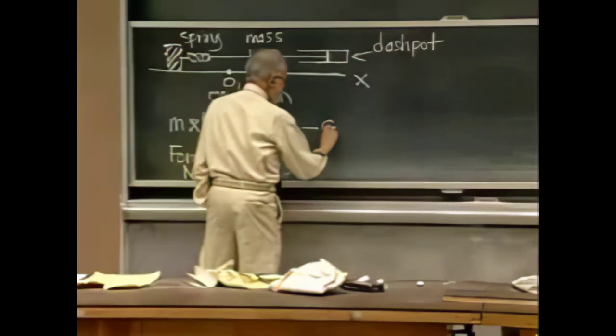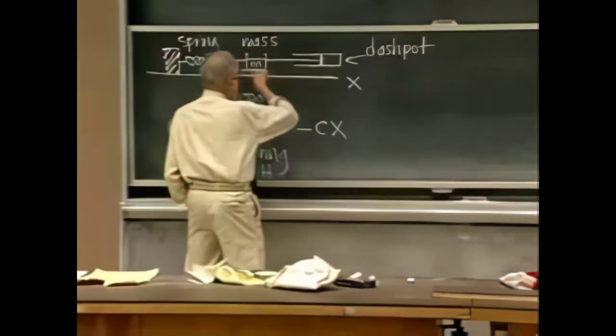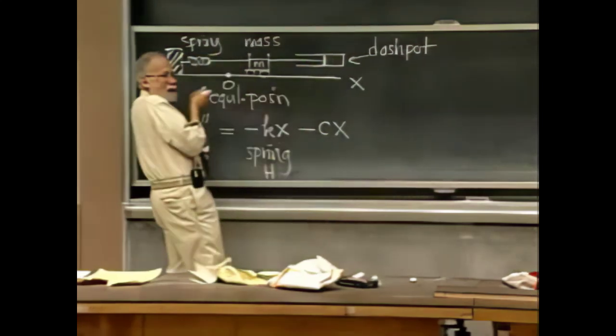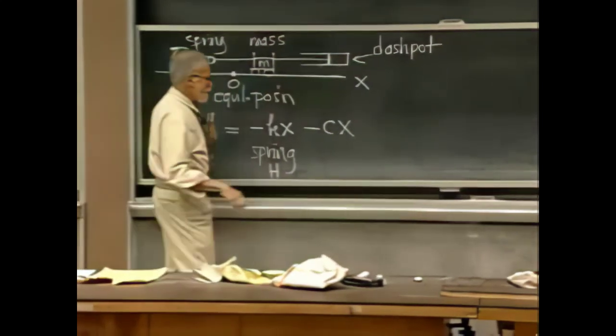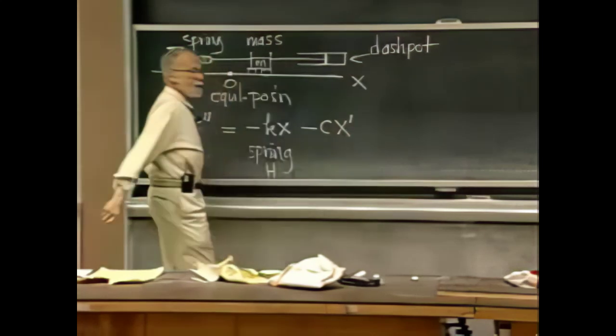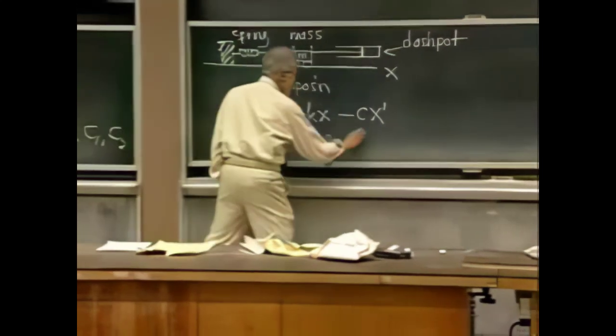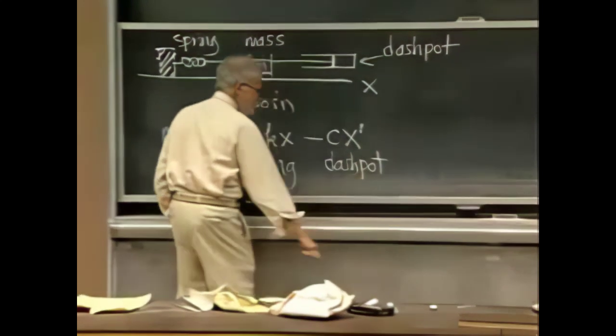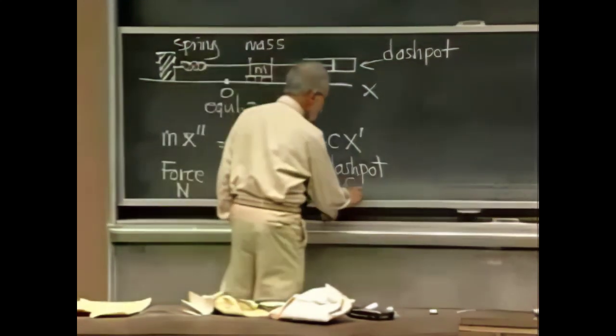So it resists the velocity. If the thing is trying to go that way, the dashpot resists it. If it's trying to go this way, the dashpot resists that too. It's always opposed to the velocity, and so this is the dashpot damping. I don't know whose law this is. So it's the force coming from the dashpot.